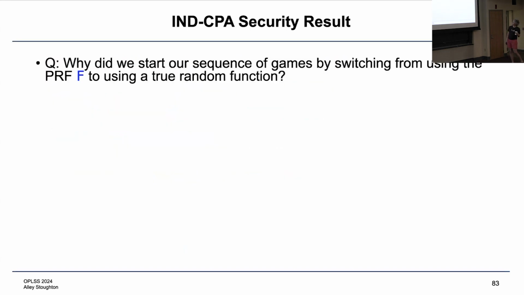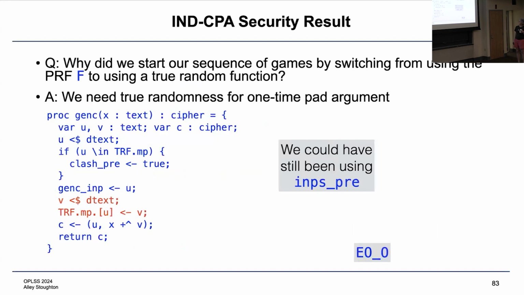But then maybe the big thing to pay attention to here is, why did we do this sequence of games the way that we did? We switched to a true random function, so eventually we could do the one-time pad step. So initially we get to here, so we're picking this random V, which we understand.